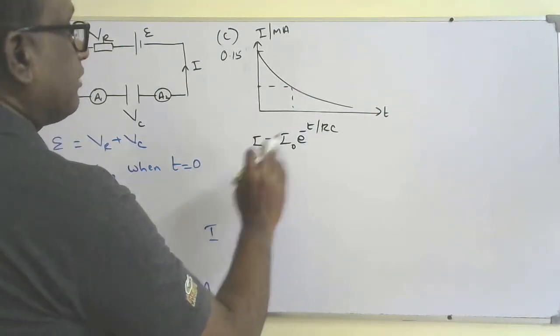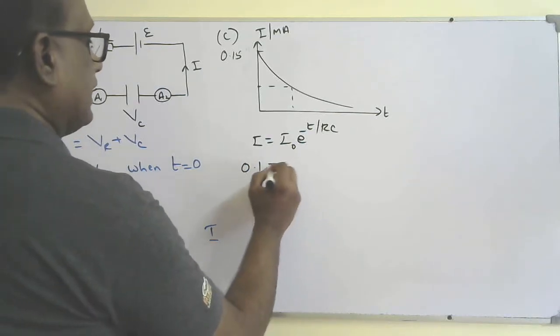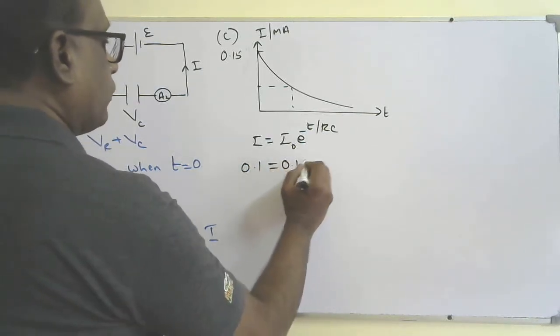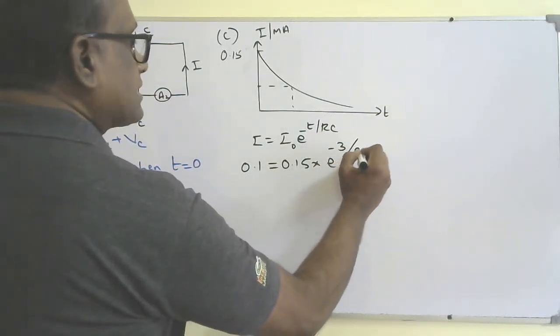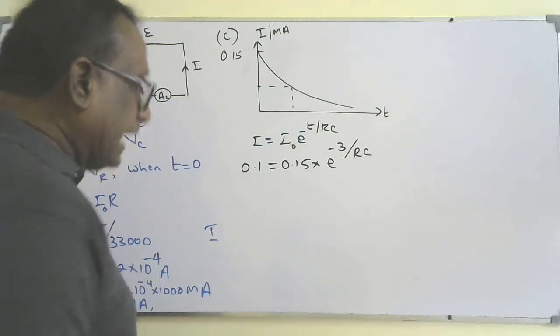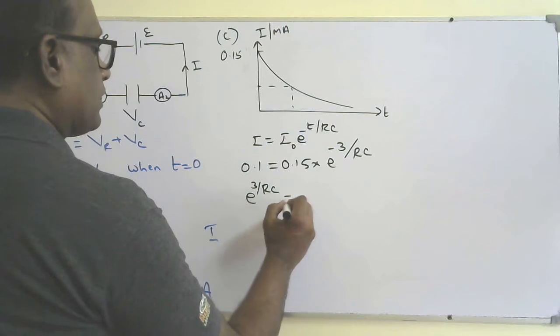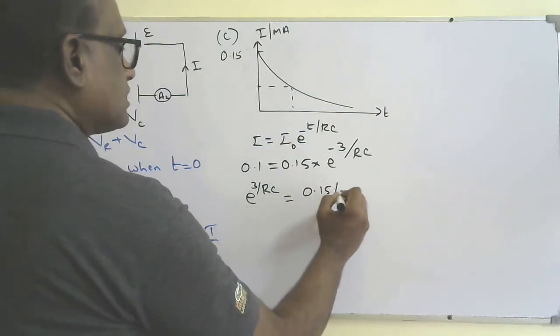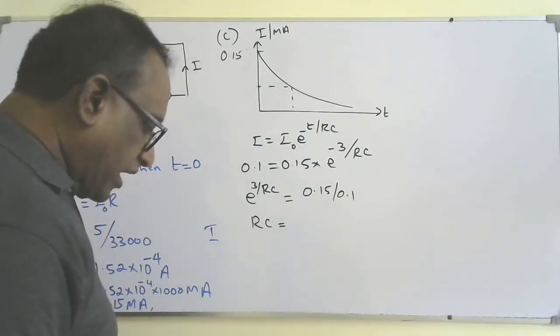Here, if I consider 3 seconds, the current is 0.1 milliampere, initially 0.15, e to the power 3 over RC. You know how to solve that using the ln method. e to the power 3 over RC is equal to 0.15 over 0.1. Take ln on both sides and find RC.